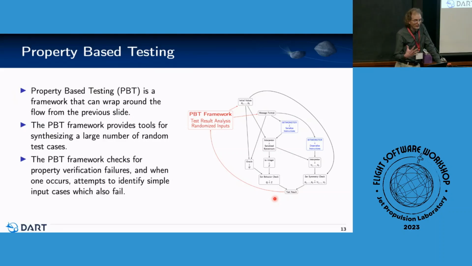And then it can tell you, hey, this one fails, and you can go back at your algorithm and say, why did that one fail? Well, +1 instead of -1, or something like that. And if it can't shrink it, it just tells you the big one. But one nice thing is that it gives you a test case that says, hey, your properties are failing on this particular test case.